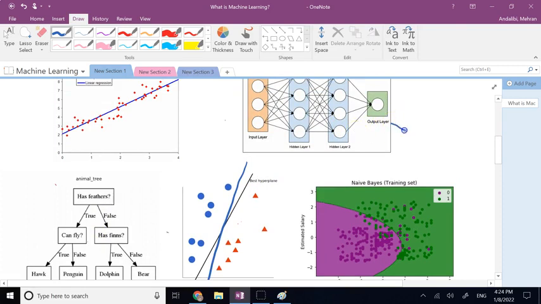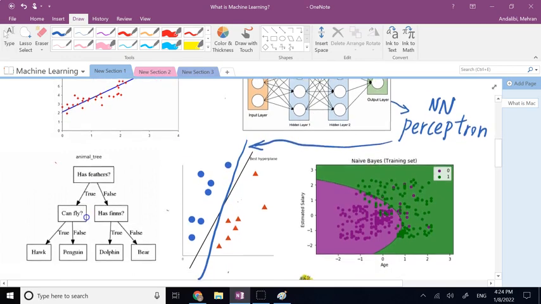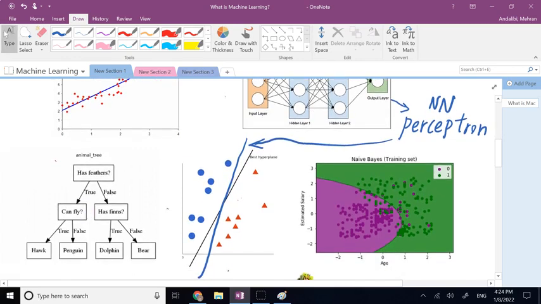One of the types of neural networks is called perceptron, and perceptron can do this job. The goal of it is to find a separating hyperplane between classes of data, right? So perceptron can do that, but it cannot necessarily give you the best one.